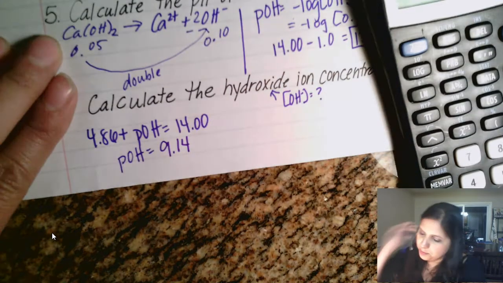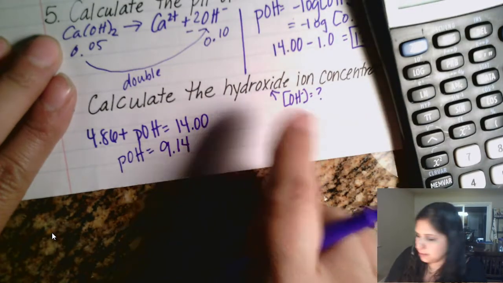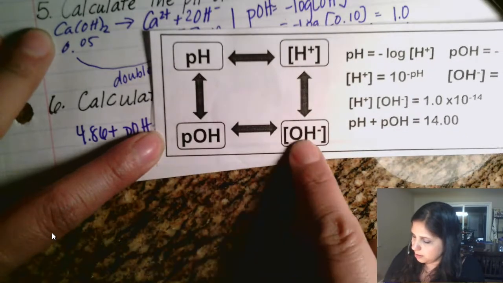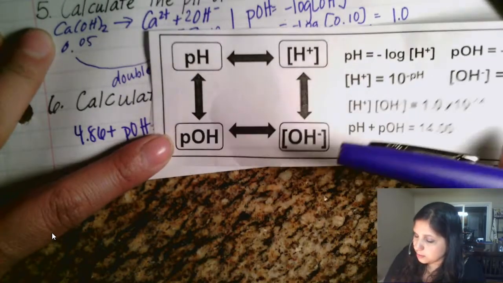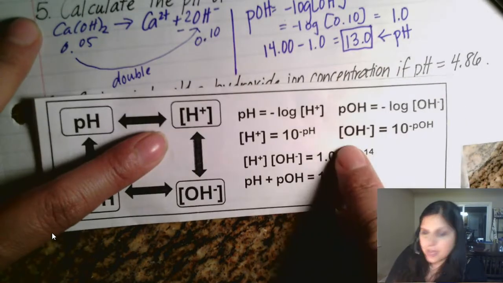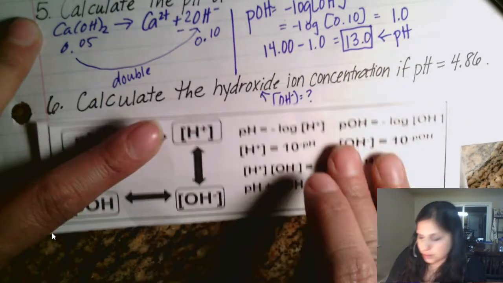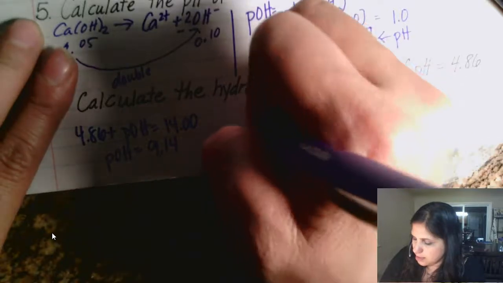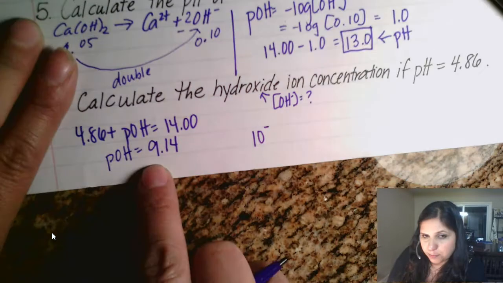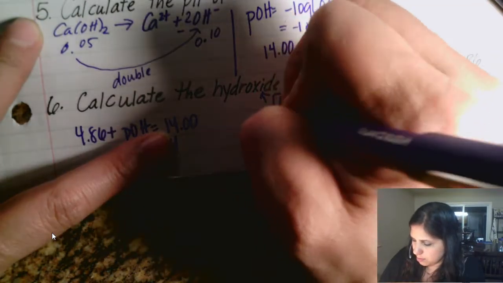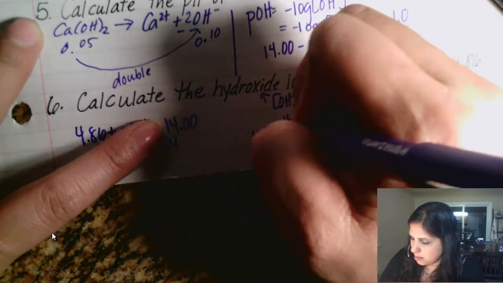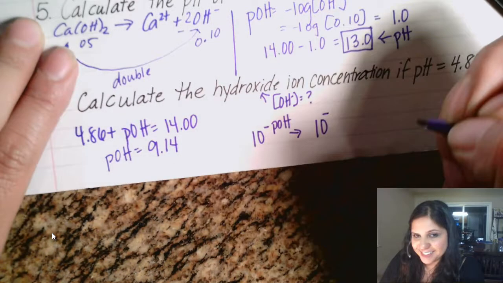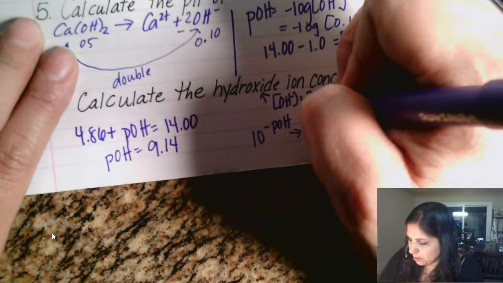Okay, now we want OH minus. So OH minus, from here to here, we need one that solves for OH minus. So that's going to be 10 to the minus POH. So 10 to the minus POH is going to be 10 to the minus 9.14.